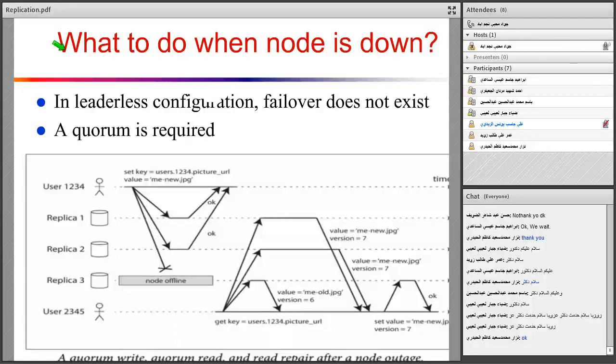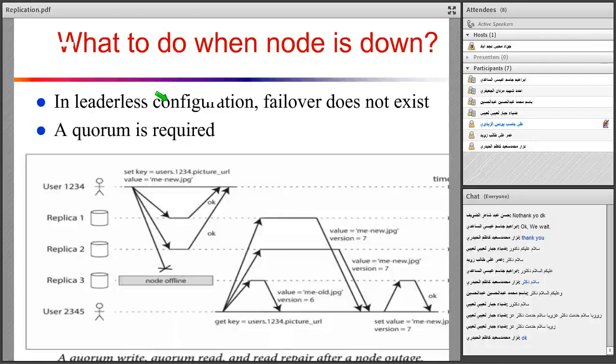In a leaderless configuration, we do not have any leader, and as I said, the roles of all machines are the same.